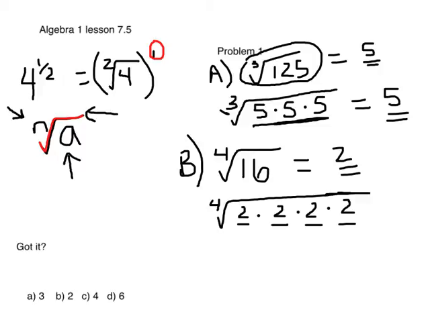For C, you should have gotten 4, and D, you should have gotten 6. If you did not get those, check back at the original problems we did. Just rewind and rewatch it. If you still don't understand, make sure to ask me about this in class tomorrow.